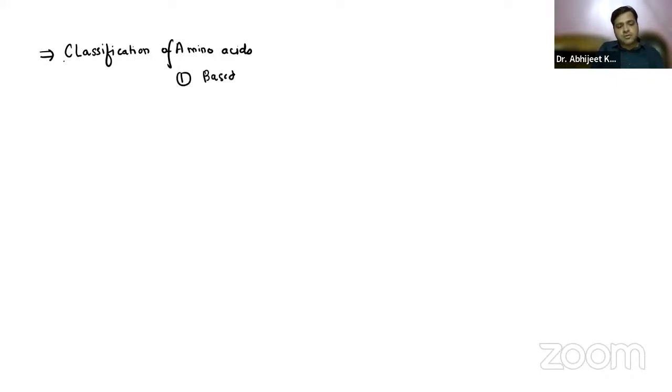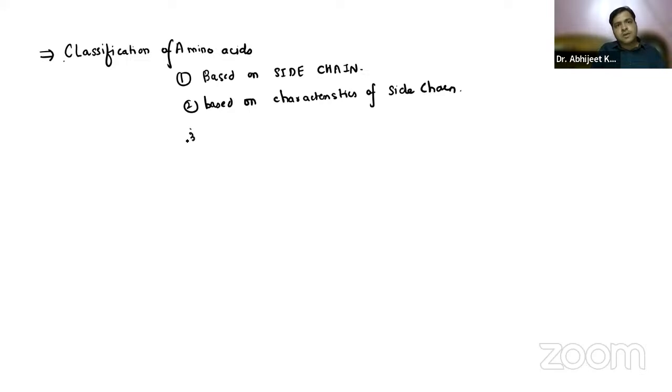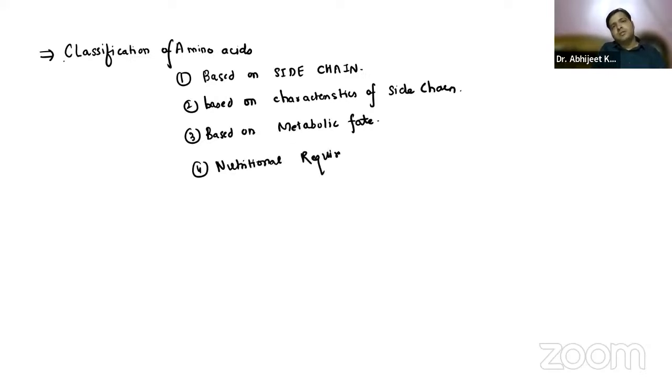They are classified based on side chain characteristics, based on metabolic fate, and the fourth one, based on nutritional requirement.